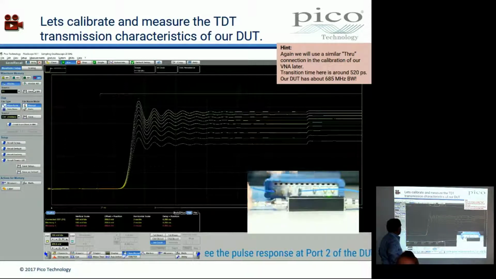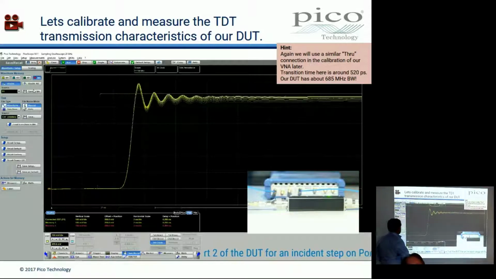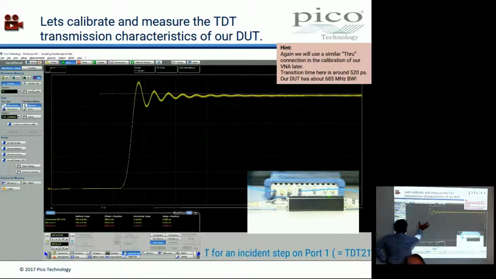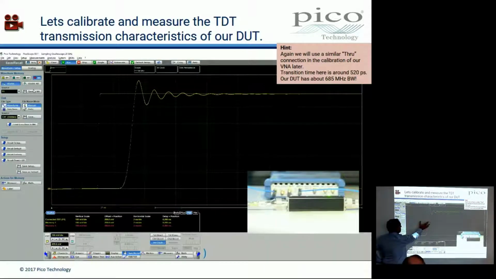Now, interesting. So this is the response to a step. Here is our 2 nanoseconds. We saw it, didn't we, on the scope? Well, we can now see it here.